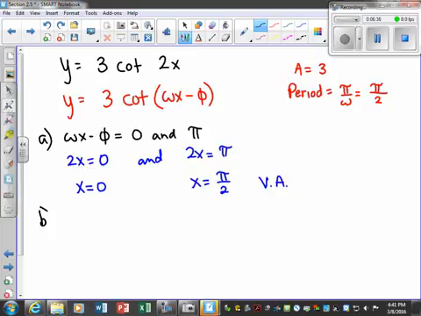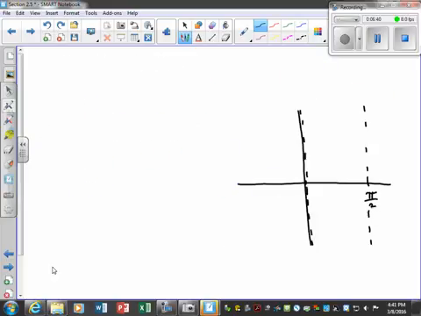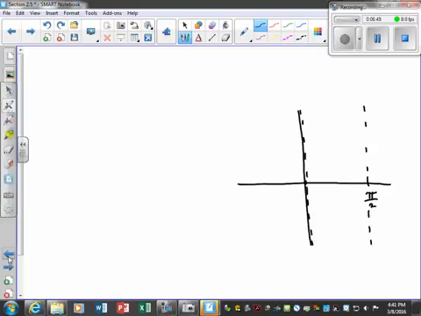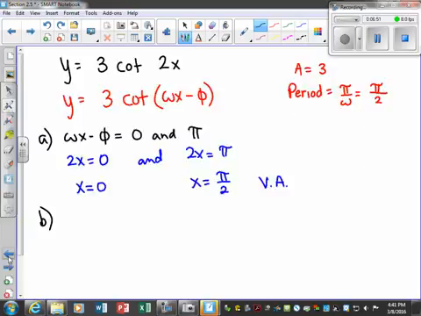Part B is to find the midpoint, the middle between 0 and pi over 2. So 0 plus pi over 2 is equal to pi over 2, and we want to divide that by 2.